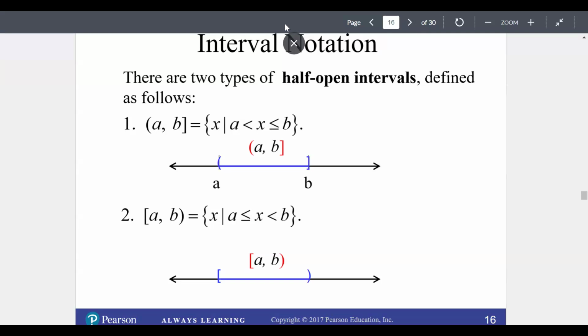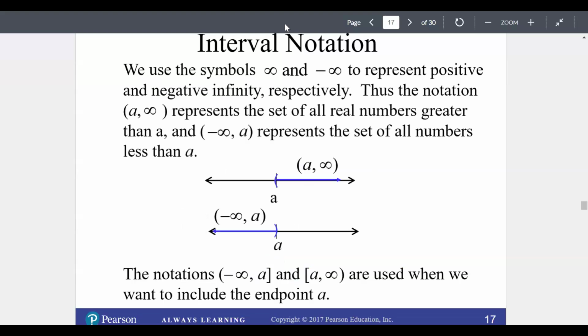There's also the case that we have a one-sided inequality. So we use the symbols which we call our infinity symbols. This is positive infinity. And this side is negative infinity. We use these infinity symbols to represent, like I said, positive and negative infinities, respectively.